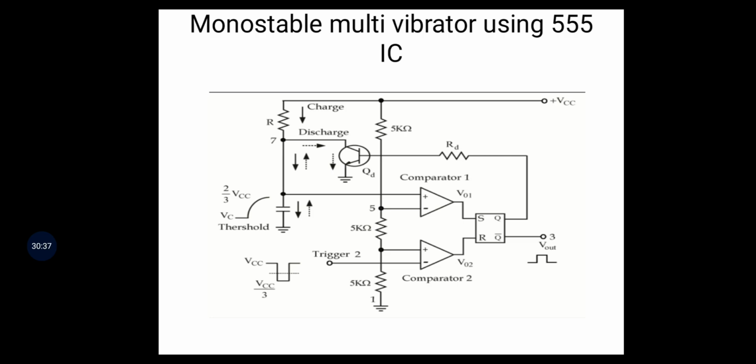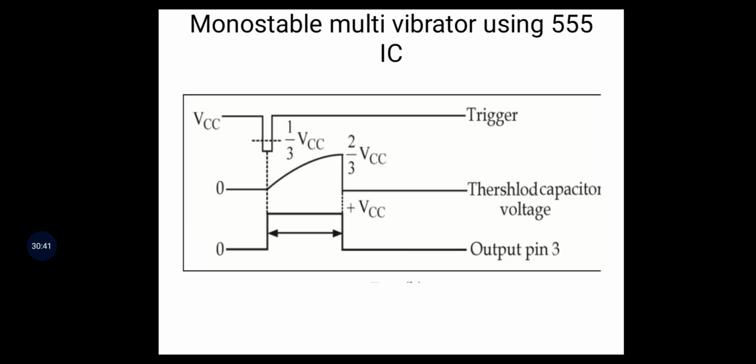So, a rectangular wave is produced at the output. The pulse width of the rectangular pulse is controlled by the charging time of the capacitor. This depends on the time constant RC.